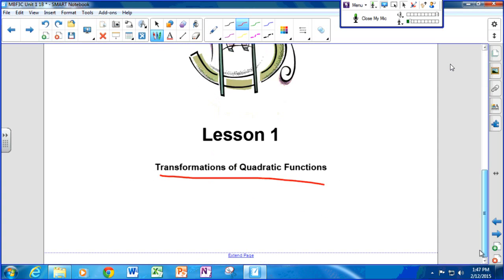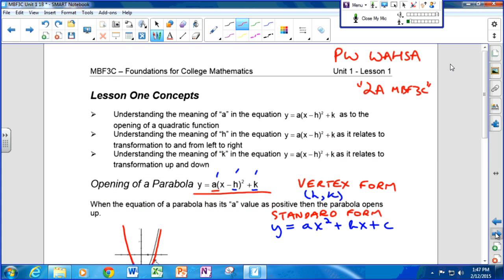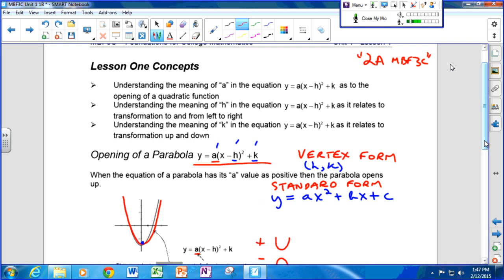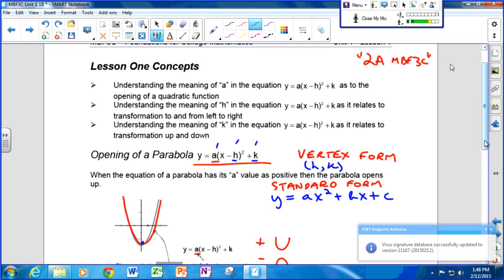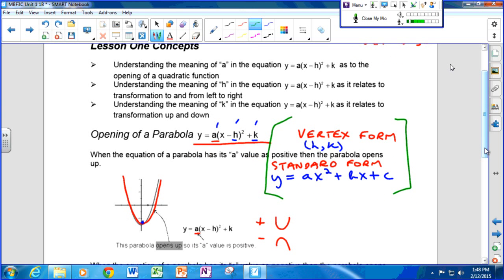We looked at the vertex form, which is different from standard form. One of the things we haven't done is any kind of conversion between vertex form and standard form. If you ever take a class like this again, the grade 12 version or college, I'm sure they will show you how to go from vertex form to standard form and back again. It's a pretty standard thing.